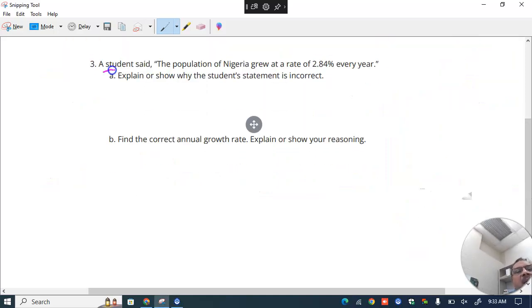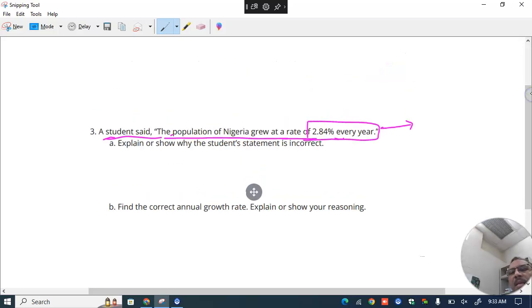The next question says there's a student who thinks like this. This is just the student's argument: the population of Nigeria grew at 2.84% per year. Can you underline this? This is what the student thinks, but do you agree? Remember in the problem, the percent increase was 28.4%, right?